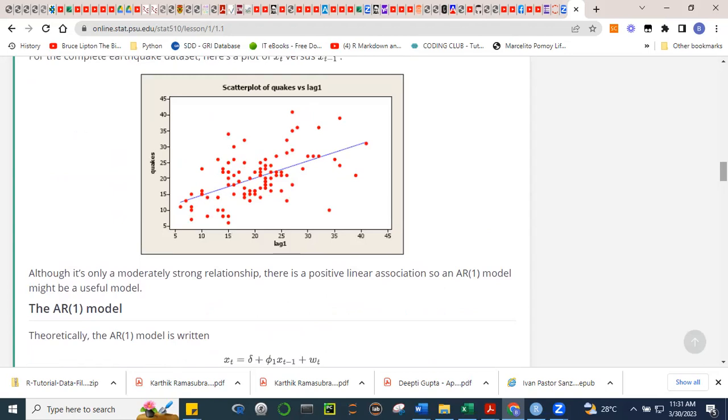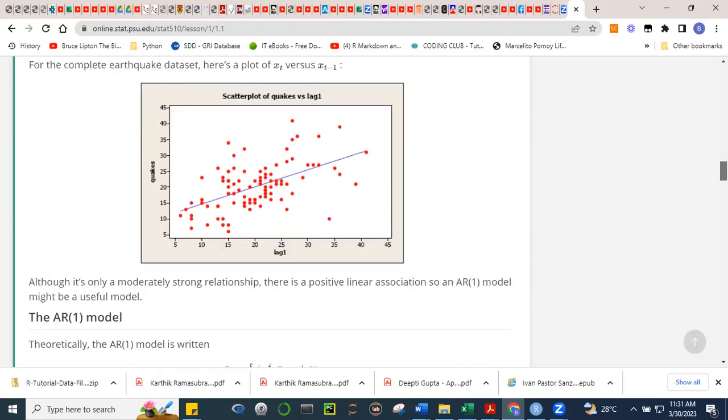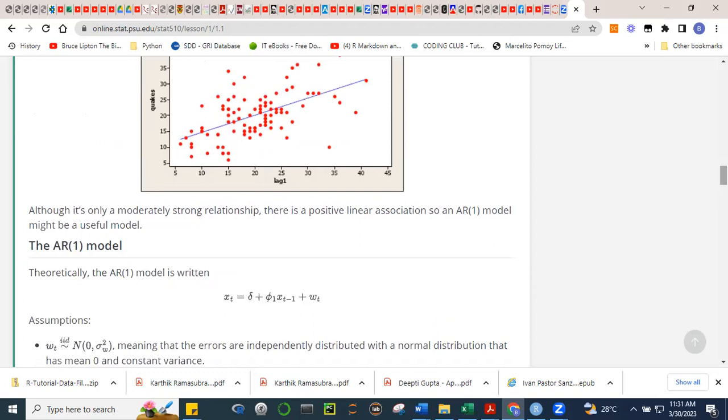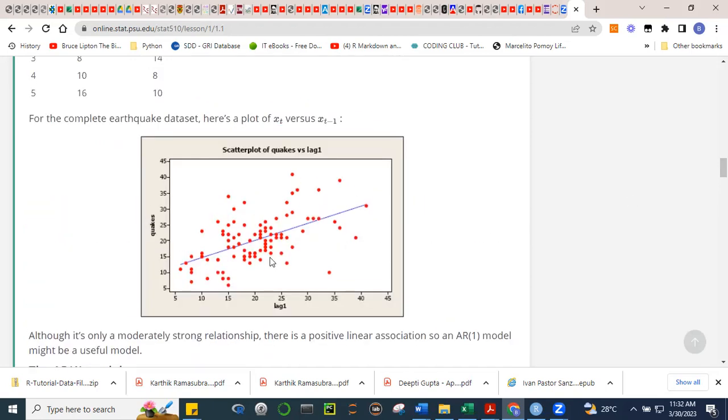Okay, there should be no fanning out. Ibig sabihin, the differences between your high values and your low values should not be increasing over time. Okay, nor should it be decreasing over time. So there should not be any fanning out, which means your data is spreading out, and there's no fanning in, where the data becomes smaller across time. Okay, so this is an example of a non-stationary data series. Non-stationary because this has a trend.